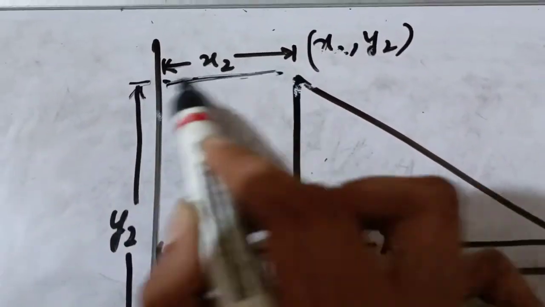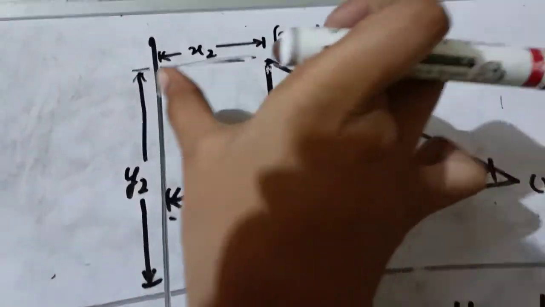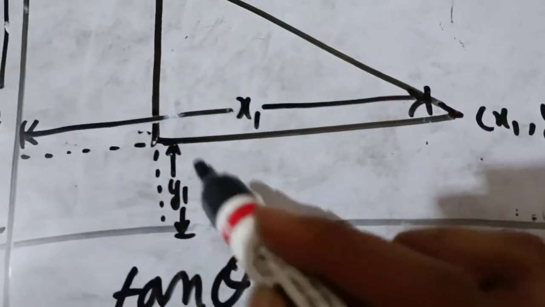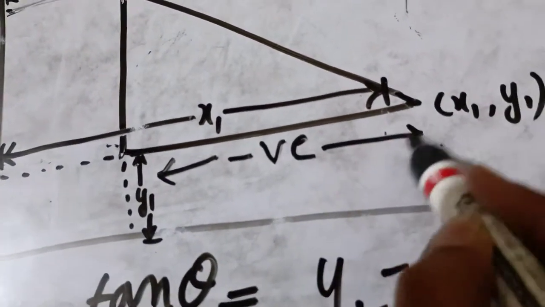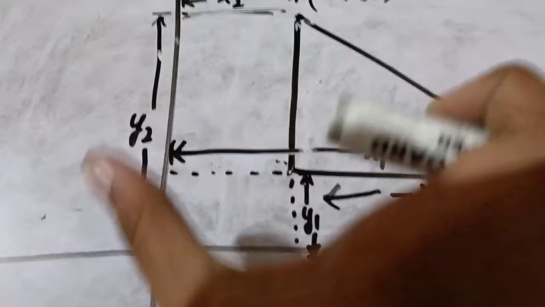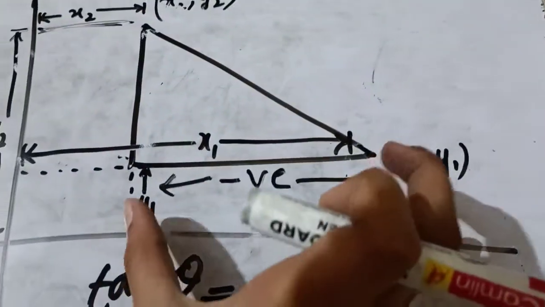This distance. If you subtract this whole distance from this distance, you get this distance as a negative number. Is that right? When you subtract this bigger distance from this smaller one, you get a negative number.